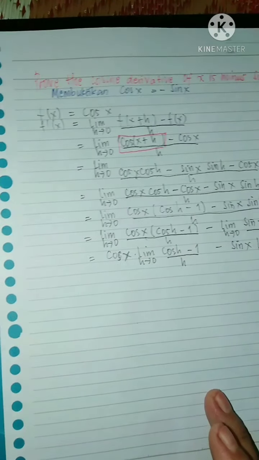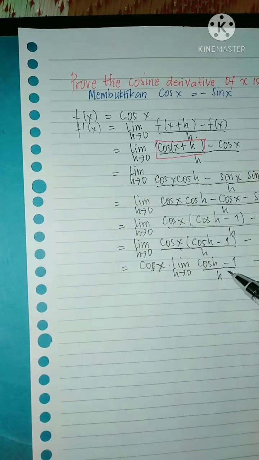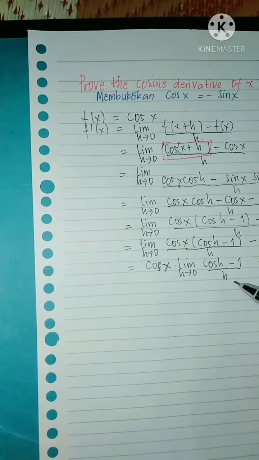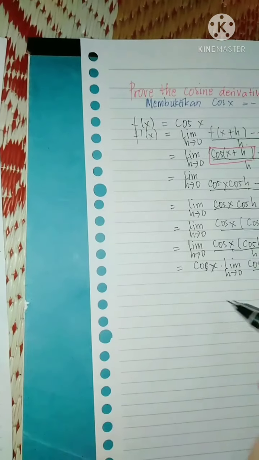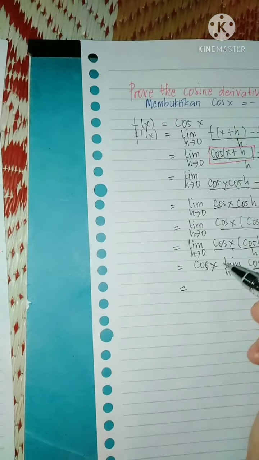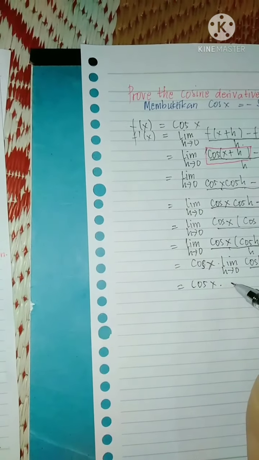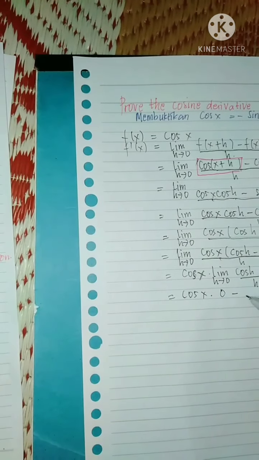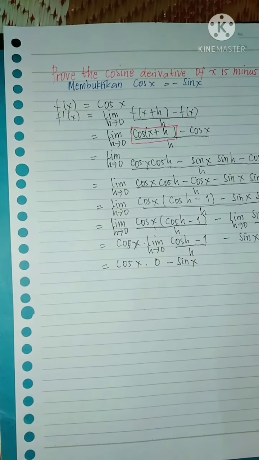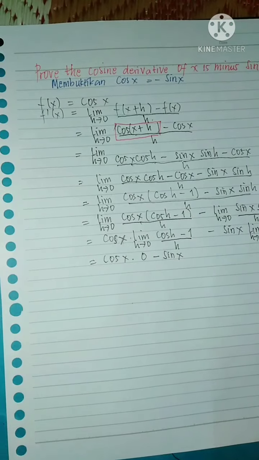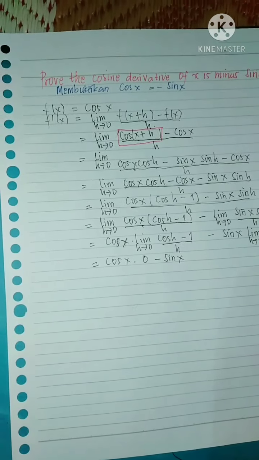So the limit as h approaches 0 of (cos h minus 1) over h is 0. So we can write equals cos x times 0 minus sin x, and then the limit as h approaches 0 of sin h over h is 1.